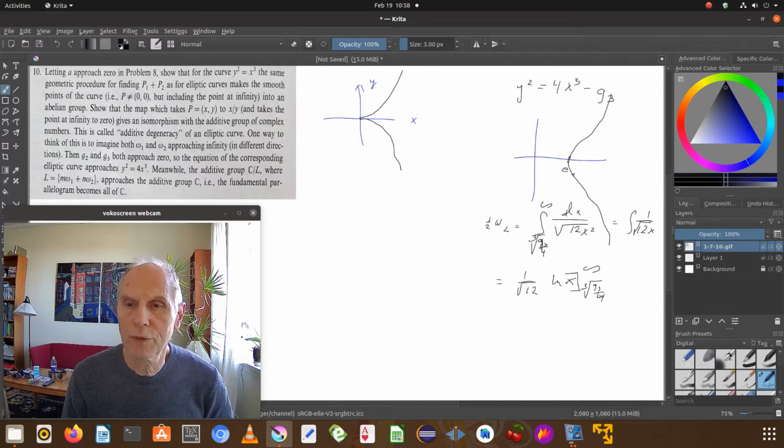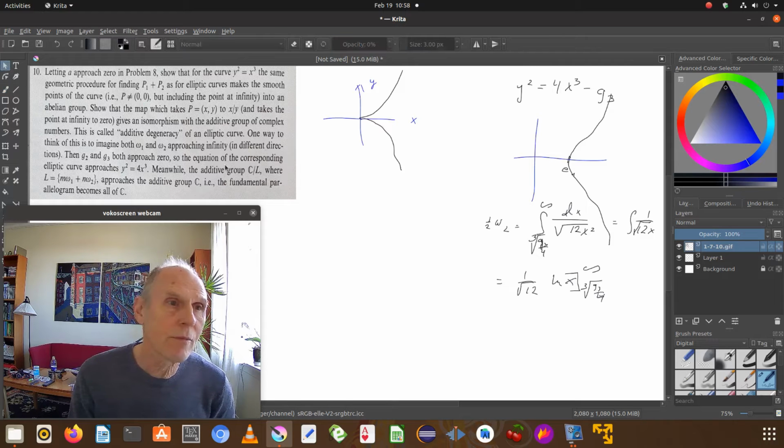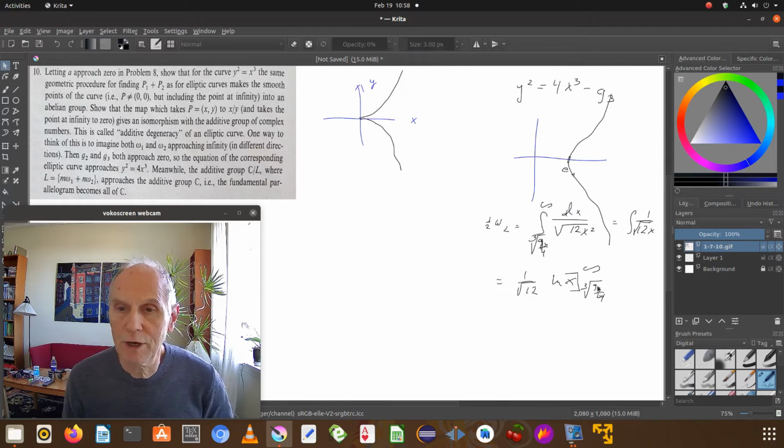So this becomes infinity, and as the upper bound goes to naught, the other one becomes minus infinity. So if we take these integrals for each value of g3, letting g3 tend to naught, then we have an increasing, it's actually the same integral with increasing bounds.